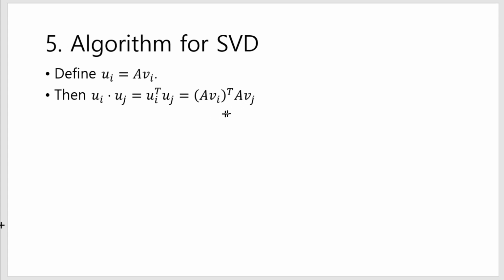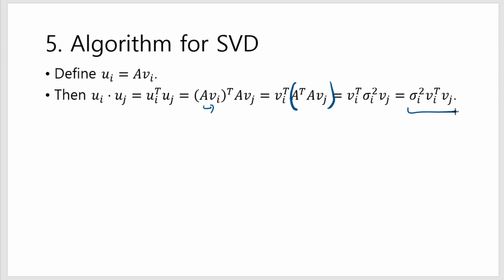And u_j is A v_j. Then we use this property, which we're using a lot, that you have to switch this around. And because we know that v_j is the eigenvector of this with eigenvalue singular value squared, we get this, which is exactly this.